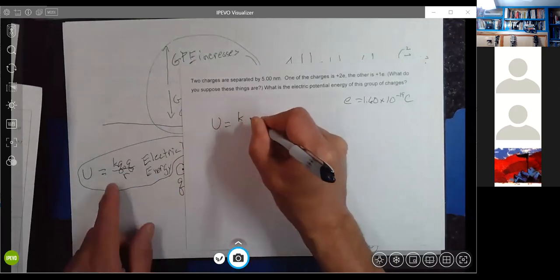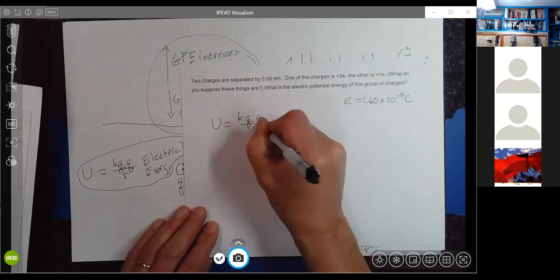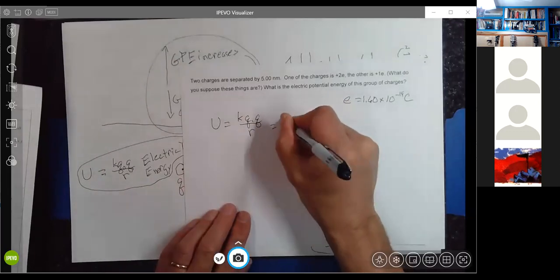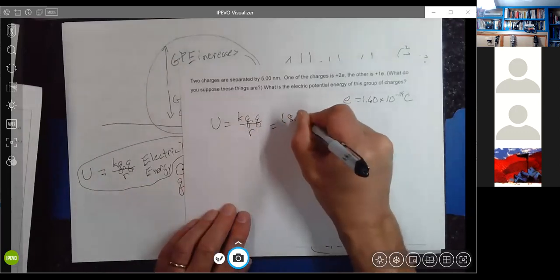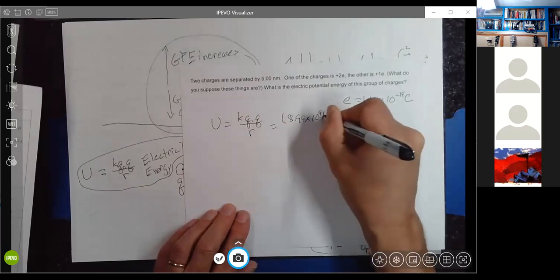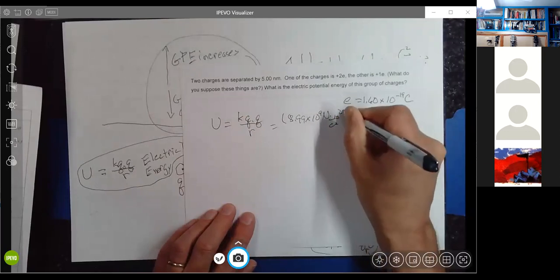And instead of K Q naught Q, I'll call it Q1Q, over R. So K is going to be 8.99 times 10 to the 9th newton meter squared per coulomb squared.